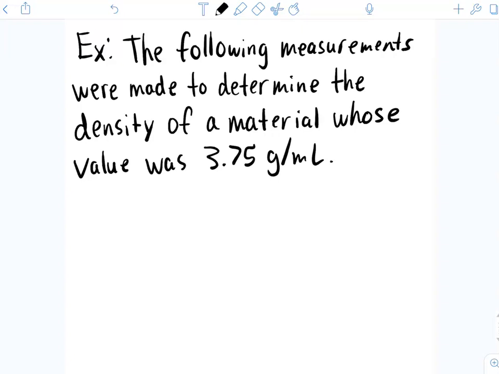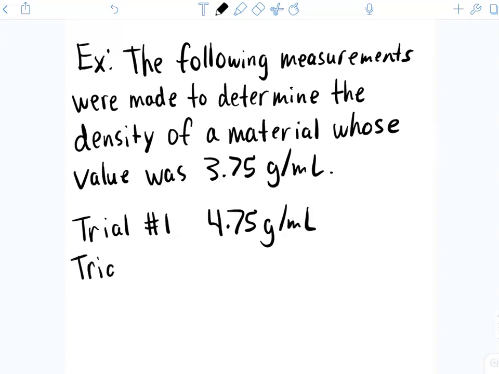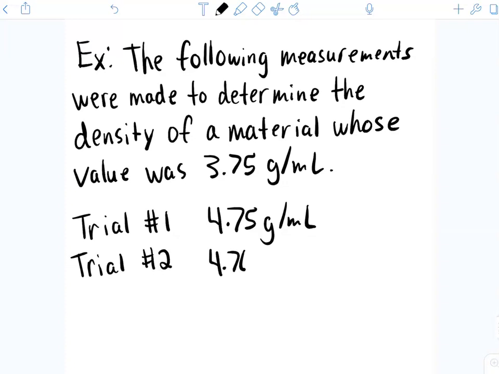And then we're given some data. For trial number 1, 4.75. For trial number 2, 4.76. And trial number 3 is 4.